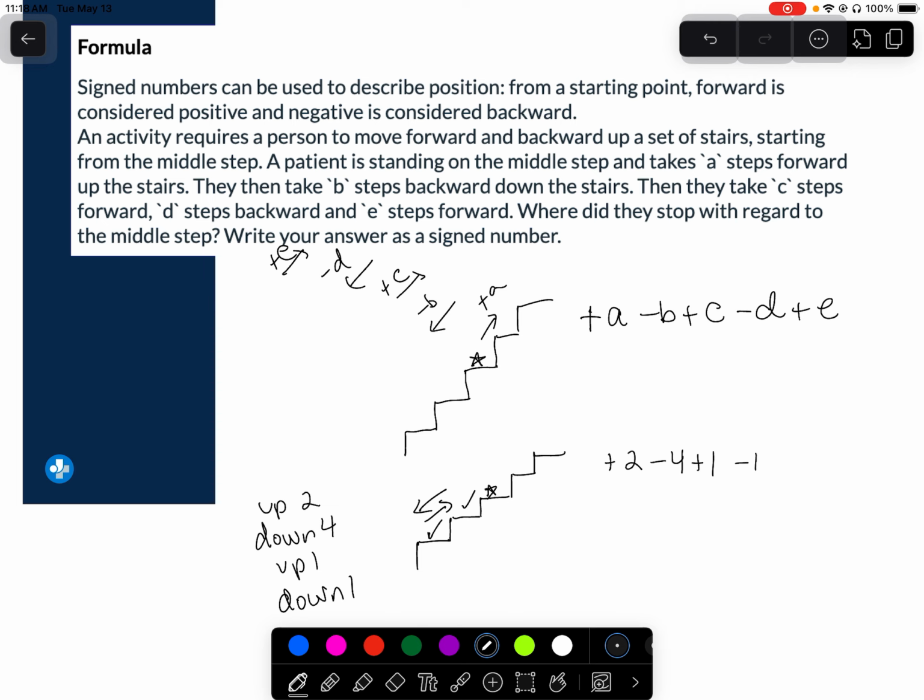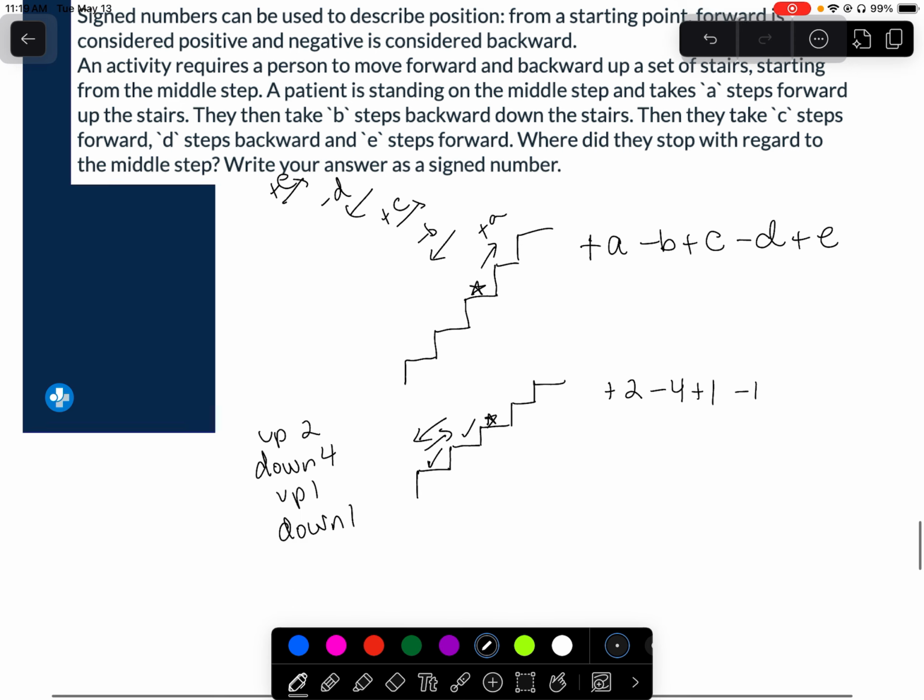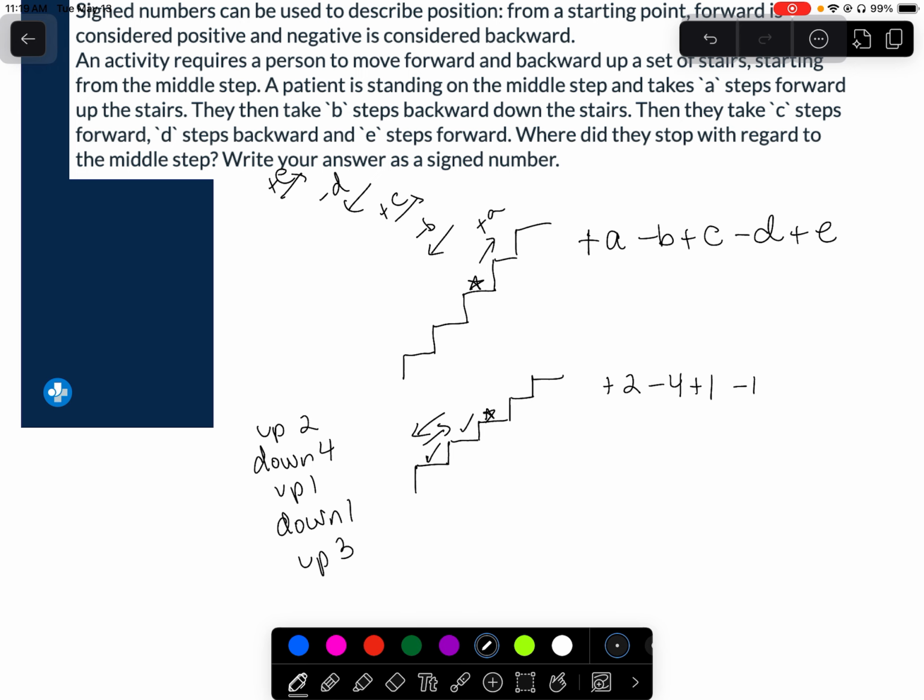And now let's say we went up 3. Let's see, 1, 2, 3, 4, 5. Oh, only 3 more, up 3. So now we are here. So we're going to go up 3. 1, 2, 3. So we should be back to the center. Well, let's see if my math did its thing.